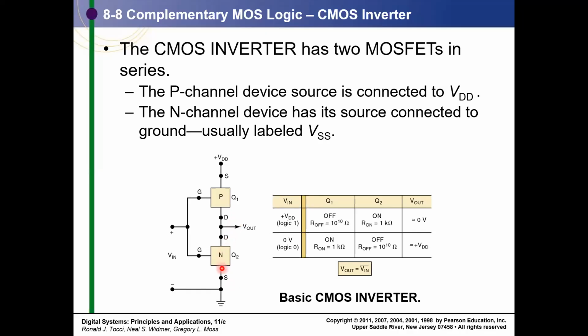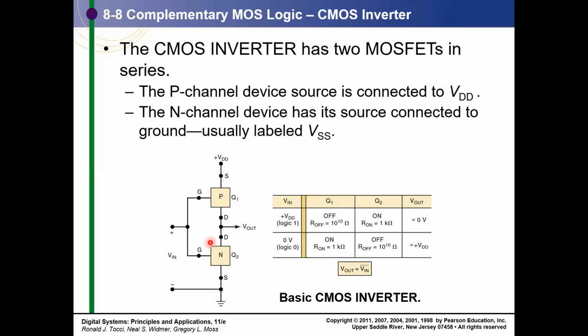If you try to pass on the 1, it will be 1 VT lower. Similarly, if you try to pass 0 through P, it doesn't give you a perfect 0. It gives you a voltage 1 VT higher, but it is a good pass for high value. N is a good pass for low value.